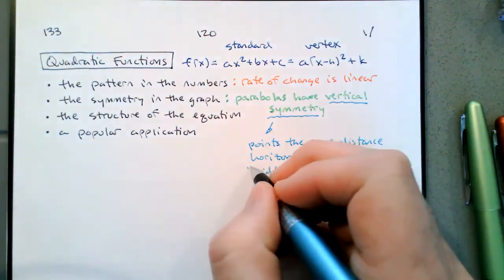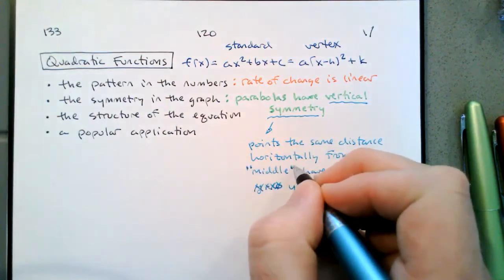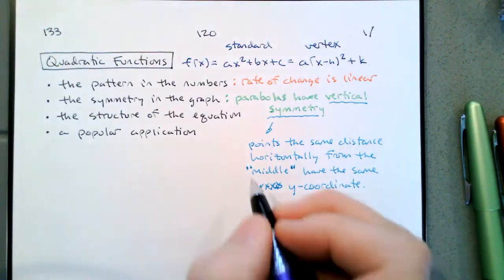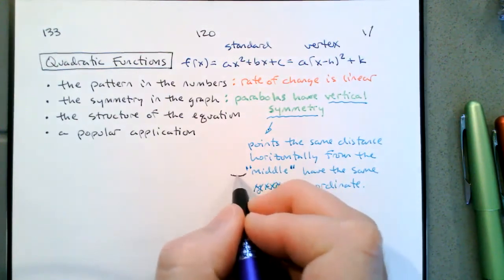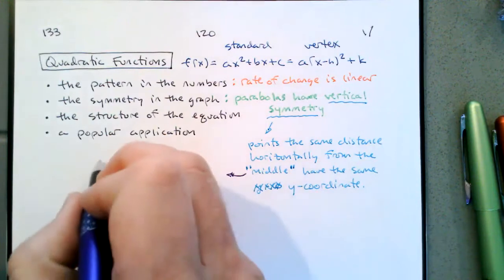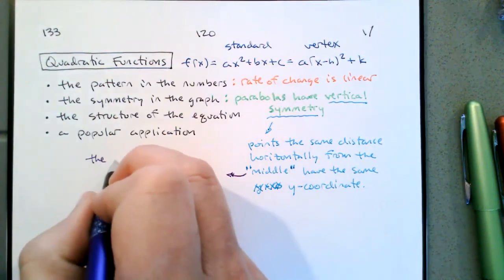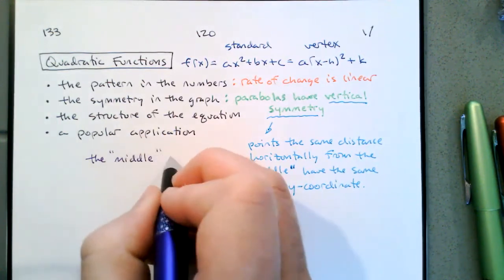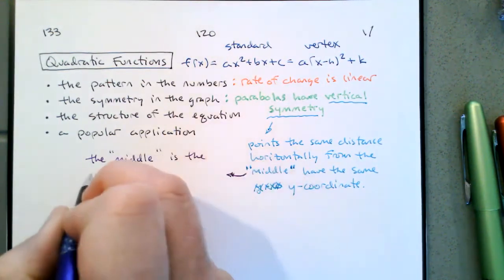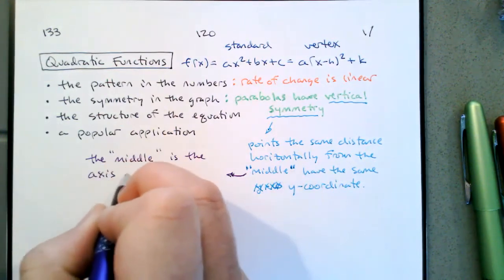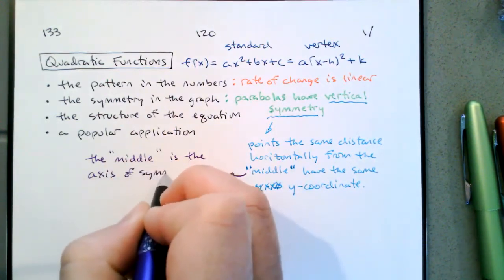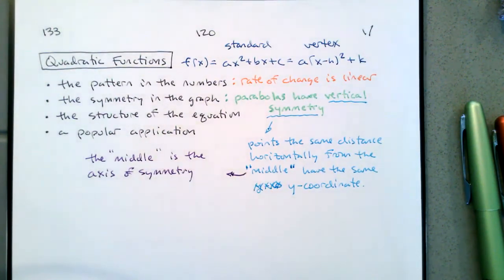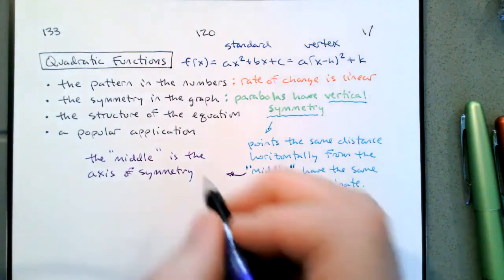Middle is the kind of common term that I will use to describe the axis of symmetry, which is a vertical line through the vertex.